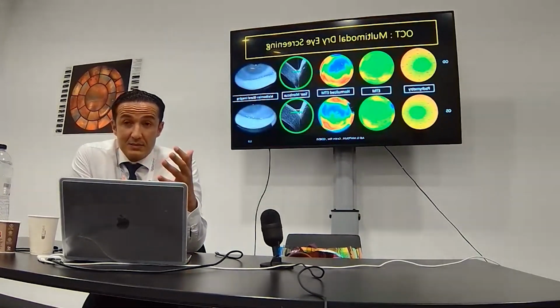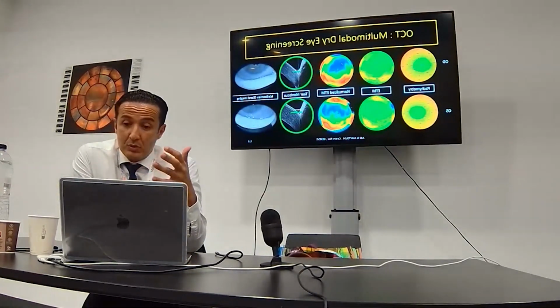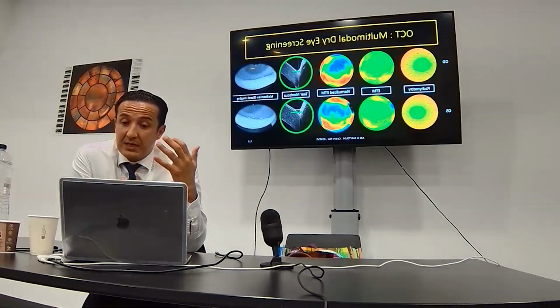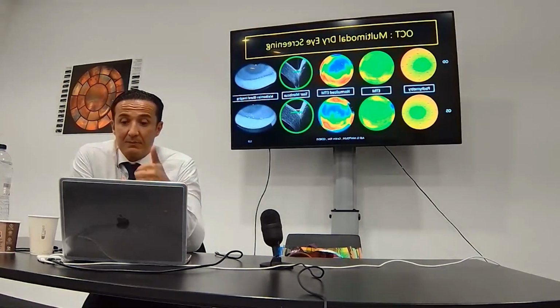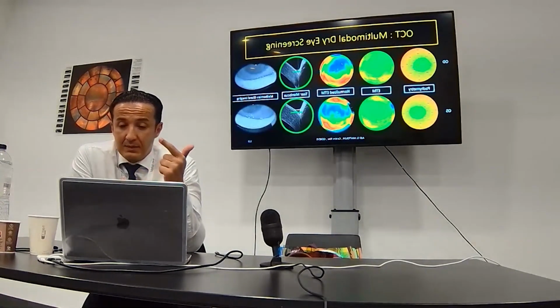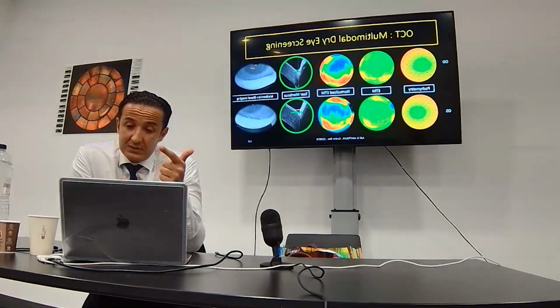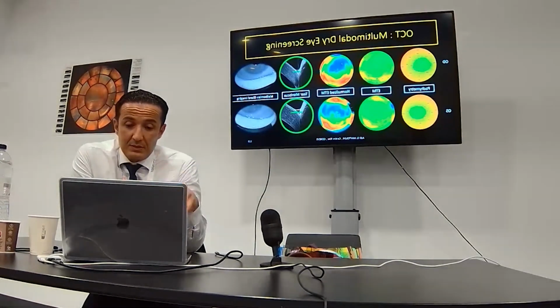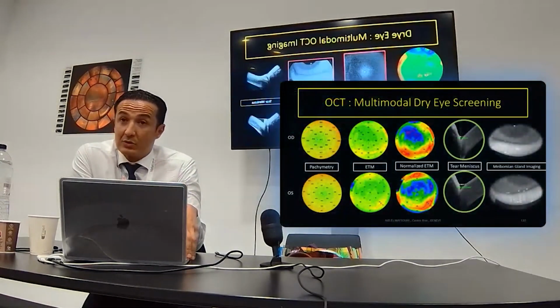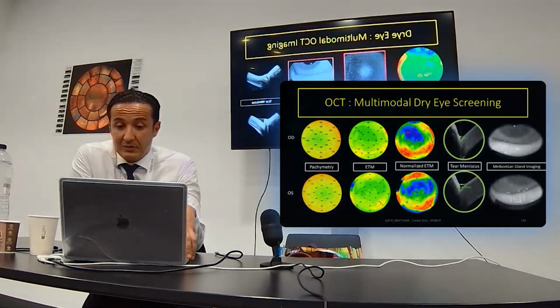So it makes sense that OCT may play an important role in multimodal dry eye screening with epithelium mapping, the measure of the tear meniscus and meibomian gland imaging, and also with en-face OCT.